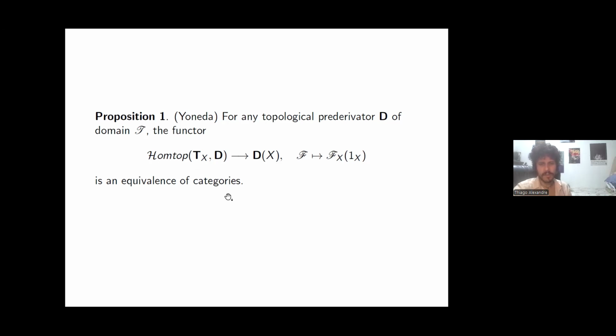So this functor is an equivalence of categories. That's the Yoneda lemma for topological prederivators.